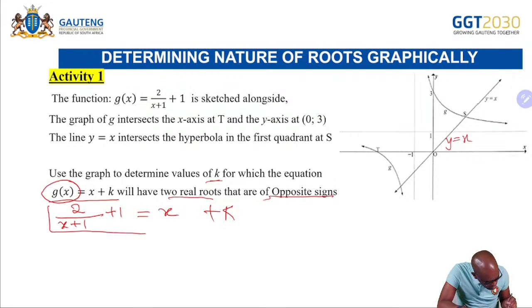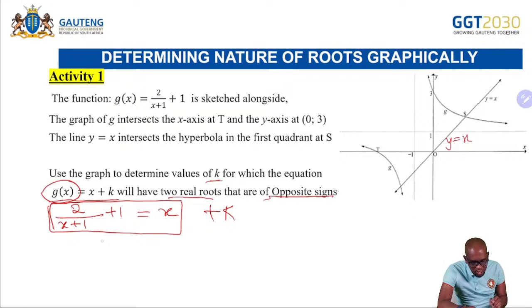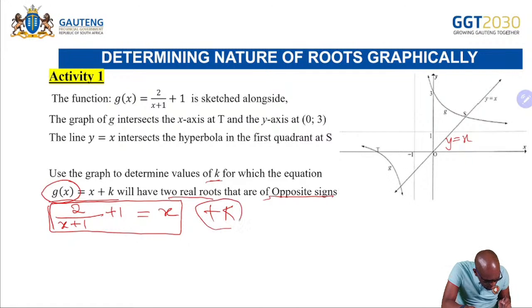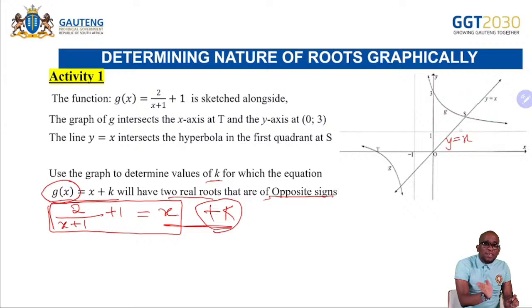If you are to look at this on its own, you will see it's the point of intersection between the hyperbola and that straight line y equals x. But now there's a k there that they've added, which means that they are saying you should move this line vertically up or down, you should slide it that way.